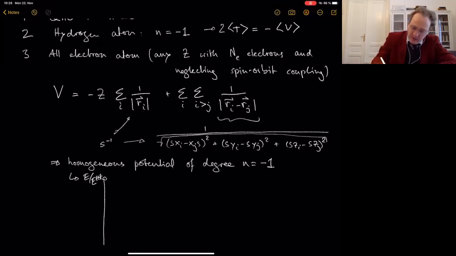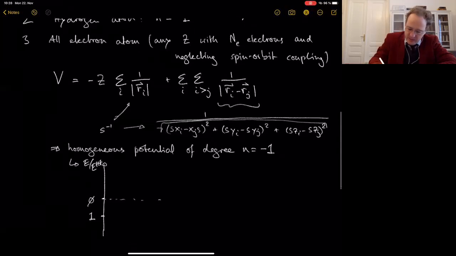And hence this picture that you can draw of the energy in terms of E_tot, right, where you would have 0 and then 1. And this is E_tot. And then you have 2.